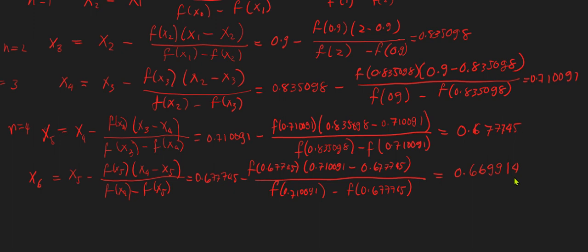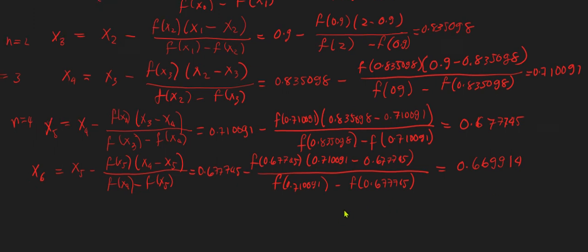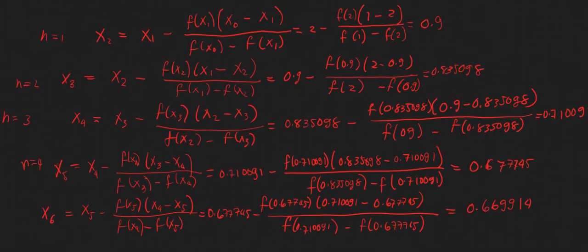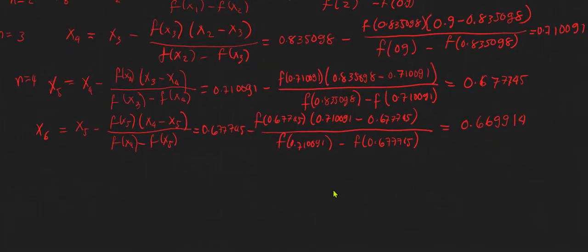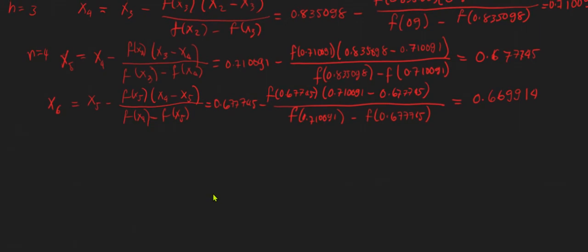The true value is 0.6694, and we are doing it at x6. This is our fifth iteration now already. So maybe the next iteration we will get closer to the true value, x7.